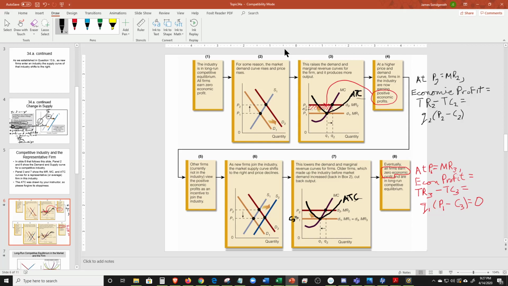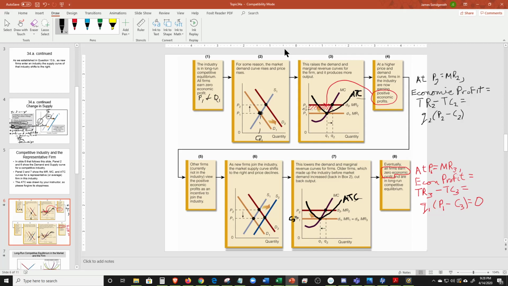So let's start. The industry starts in long-run competitive equilibrium, and that would be right here, okay? P1, and I know they didn't do this, but let's put it here. And Q1, okay? For some reason, market demand rises, so it shifts out to the right.